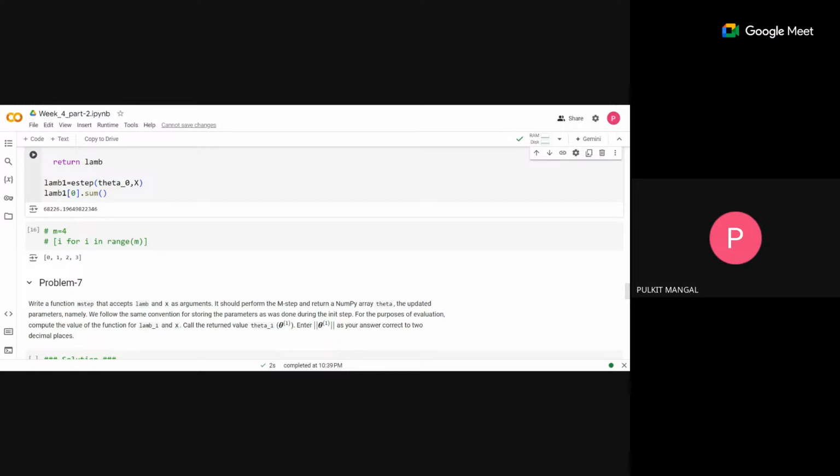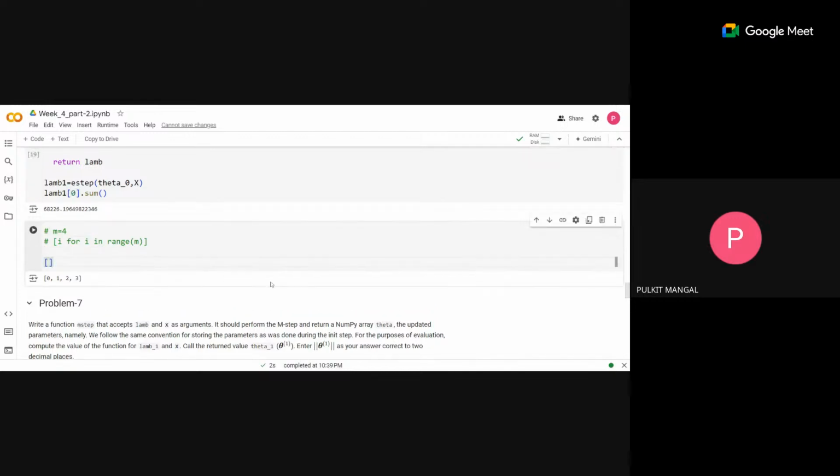Maybe if I write it here, this matrix is also a list of lists: 1, 2, 3, 4. This is the first row, this is the second row. So when you only do this lamb1 0, it will give you the first row.